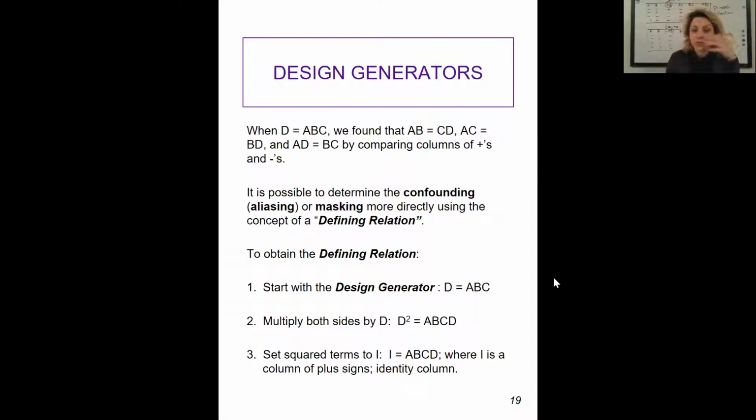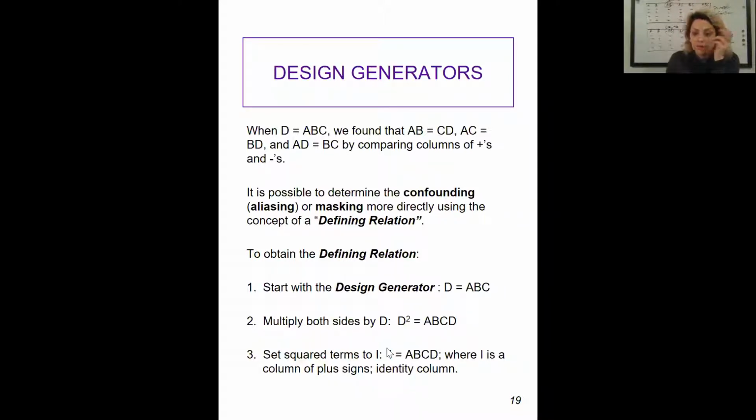Then set square terms to I. So instead of D squared, we would say I is equal to ABCD, where I is a column of plus signs. We call that the identity column, because whatever the sign is, when you square it, it's going to be a plus sign. So whenever you see the column I, it is your identity column.